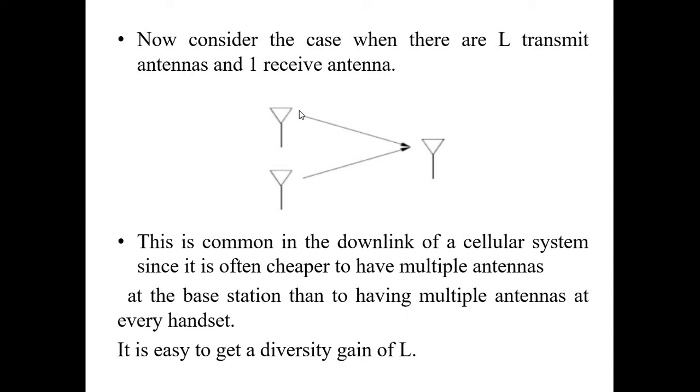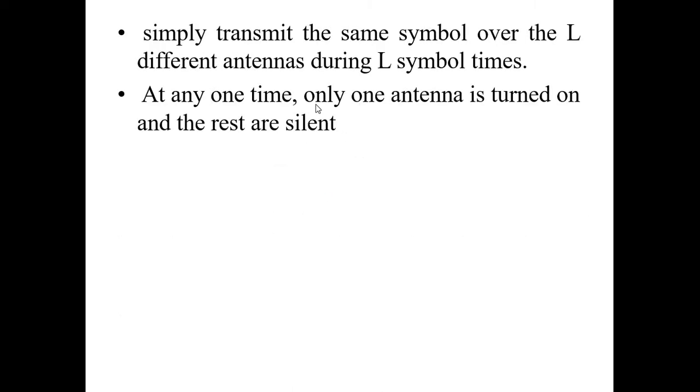In this transmit diversity approach, the diversity gain is taken from the antennas on the transmitting side. Here we say L transmitting antennas. With this approach, we can transmit the same symbol over L different antennas.